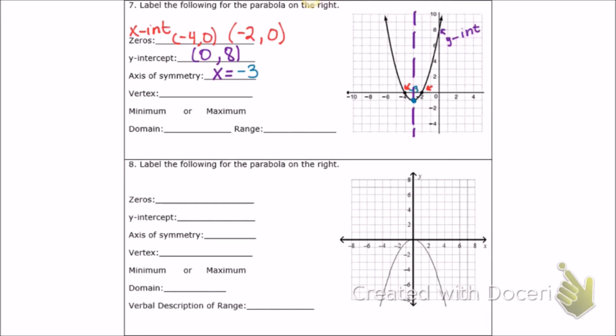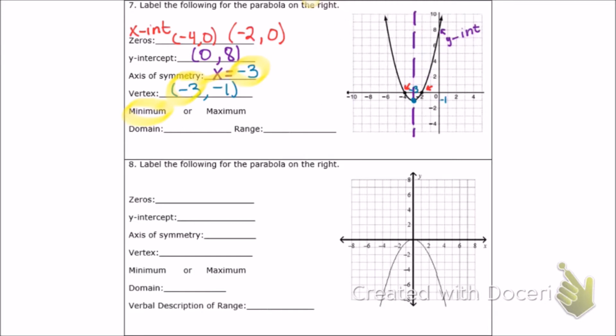The x value is -3 and the y value is -1. So we can write -3, -1. And look, the axis of symmetry matches with the vertex. All right, we have a lowest point. So this right here is going to be my minimum.